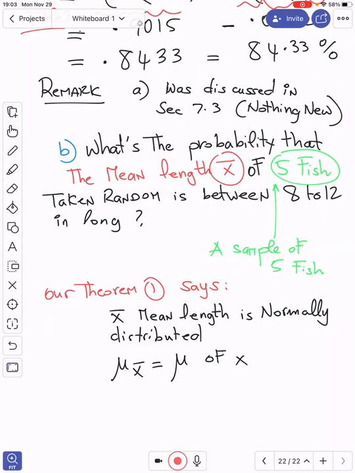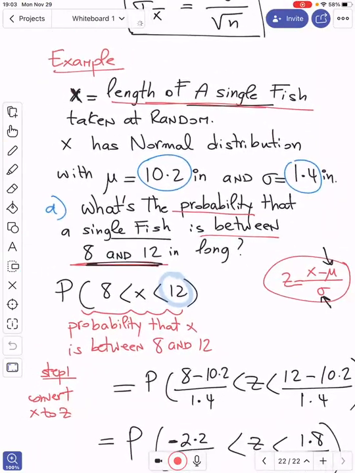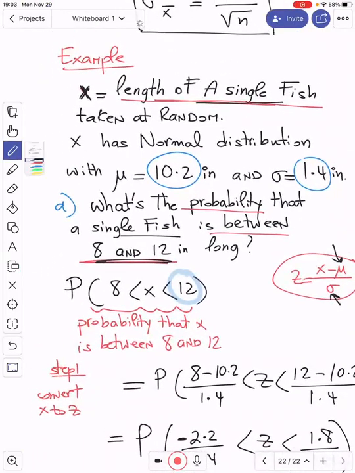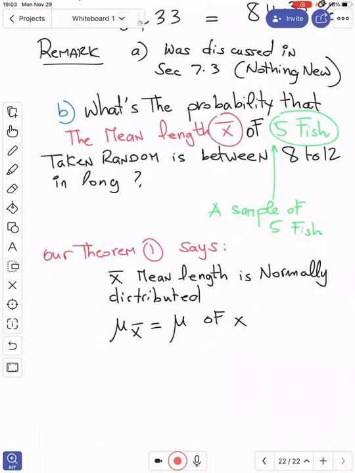If you come back to the problem here, the mean of x, mu, is 10.2. So the mean of x bar is just the mean of x. That's 10.2 inches.